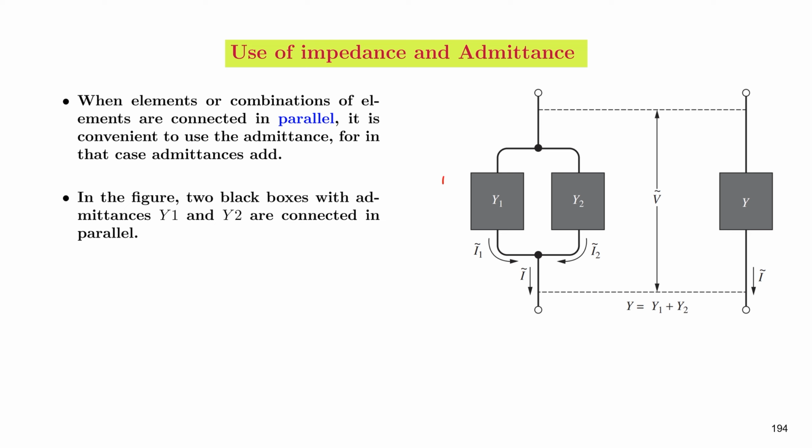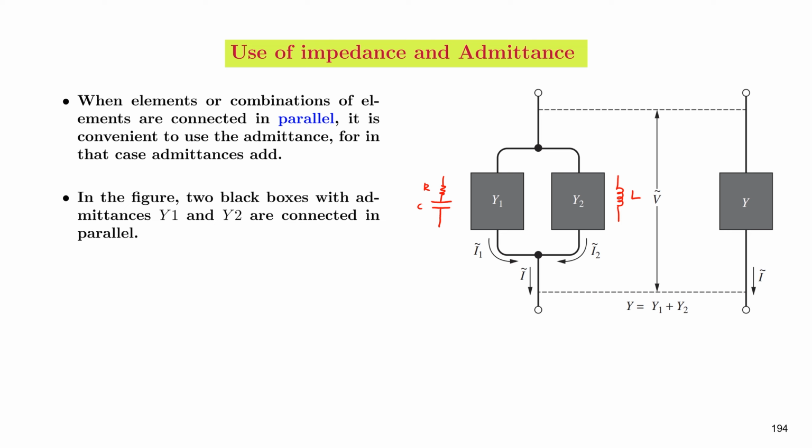For example, inside the first box there can be a series resistor and a capacitor, and inside the second box, we can have an inductor like this. And we want to solve such a circuit.